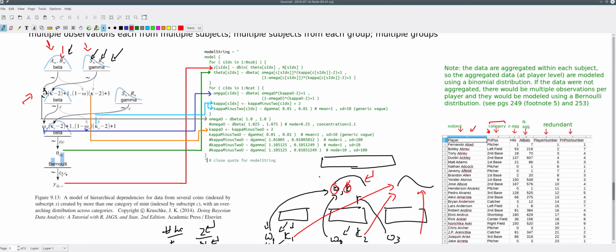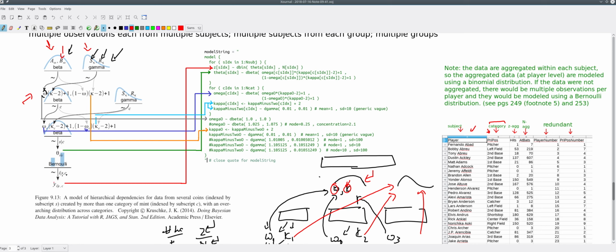It looks sort of complicated, but as Krushki keeps repeating, so long as we draw our diagram correctly, translating this into code is going to have a one-to-one mapping.